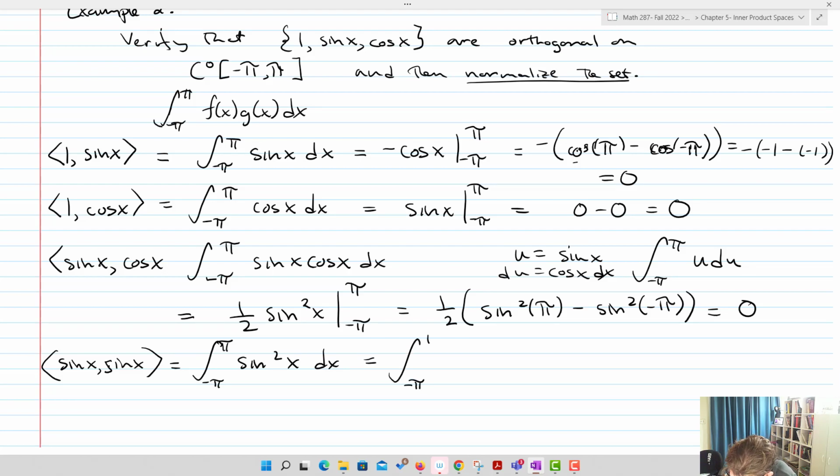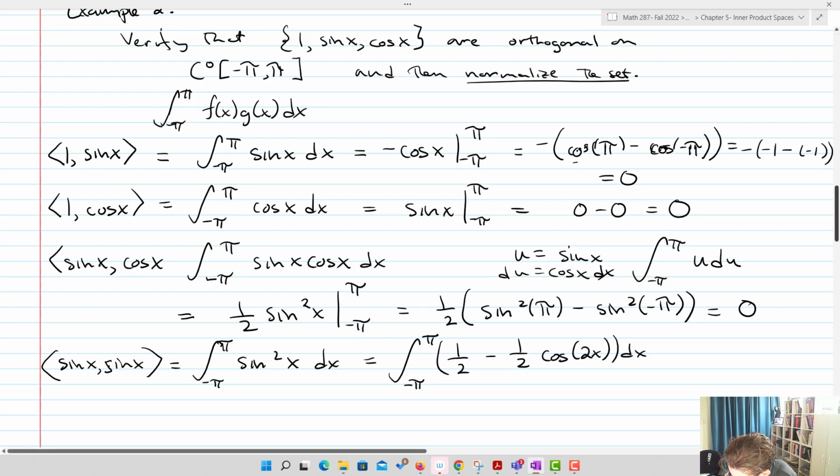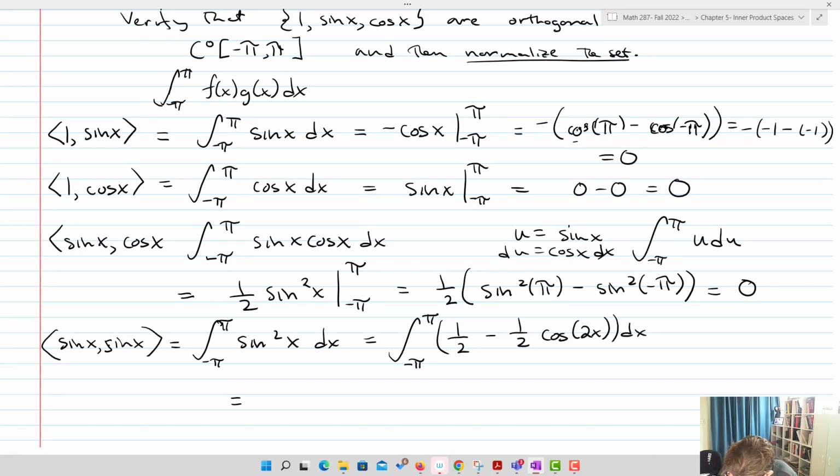It'll be the integral from negative pi to pi of 1/2 minus 1/2 cosine 2x dx. And when I evaluate that, it's going to equal 1/2 x evaluated from negative pi to pi minus 1/2, and this will be sine 2x times 1/2 evaluated from negative pi to pi.